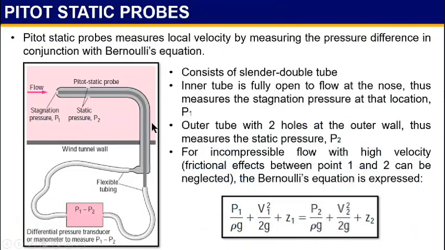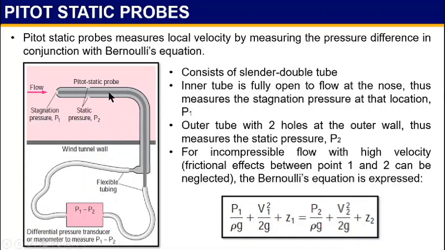The pitot static probe measures local velocity by measuring the pressure difference in conjunction with Bernoulli's equation. The probe consists of a slender double tube.